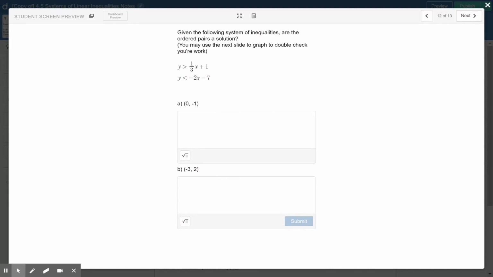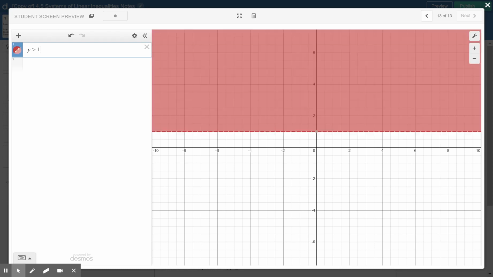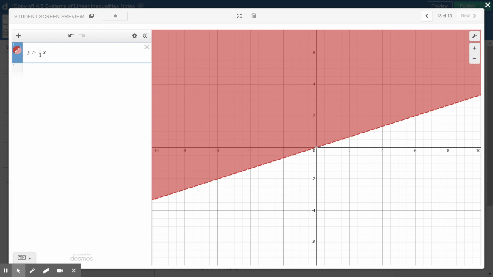All right, let's check this one. It says, given the following system of inequalities, are the ordered pairs a solution? So let's check. We have y is greater than 1/3. Make sure you move the cursor over for the x. Plus 1.